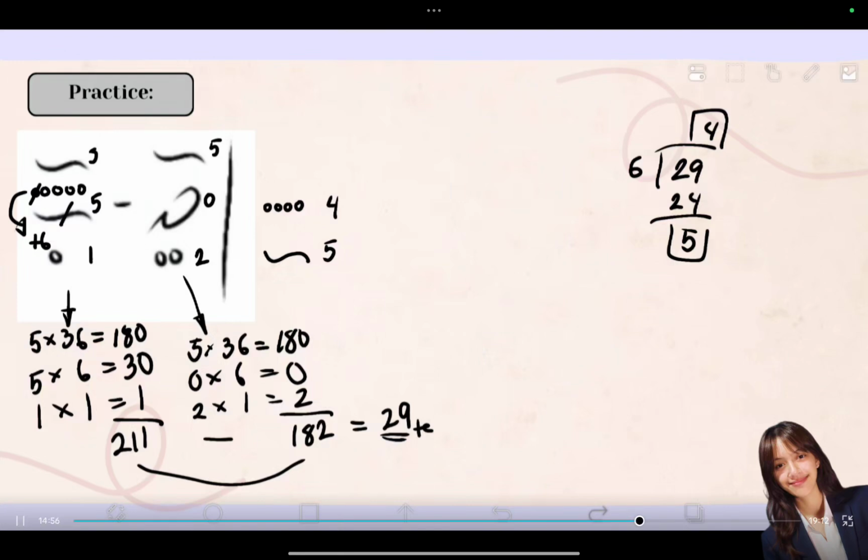Dahil pansin nyo, hindi siya divisible by 36. So meaning, wala tayong hundreds. Diretso tayo sa tens. 4 is the tens and 5 is the ones. Just like our answer. And to check further kung tama ba, i-multiply din natin siya sa place value again.